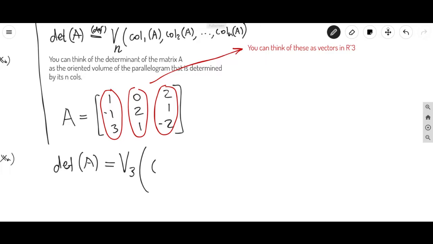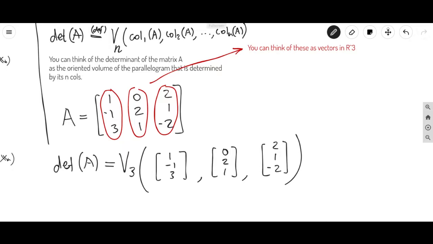You know that sometimes you write a vector like this, as you know, but I'll just stick to writing them as columns, so it looks just like what we have above. So the first vector is 1, negative 1, 3. Then the next vector is 0, 2, 1. And the third vector is 2, 1, negative 2.